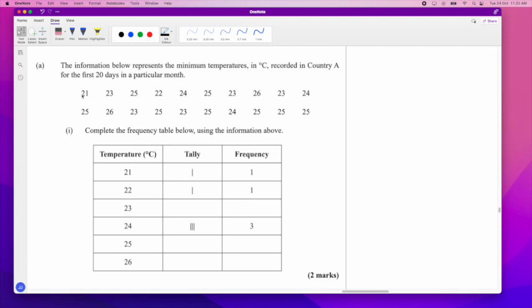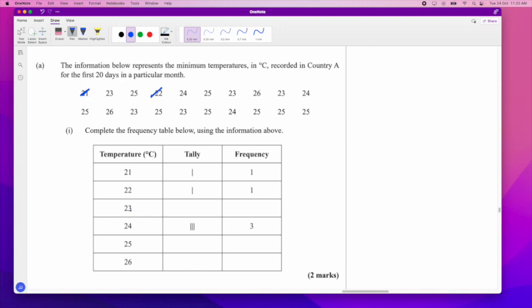So for example, on one day, we had our temperature of 21 degrees. On 22 degrees, there, that is one day as well. Notice how I'm crossing off the numbers to make sure I don't duplicate.